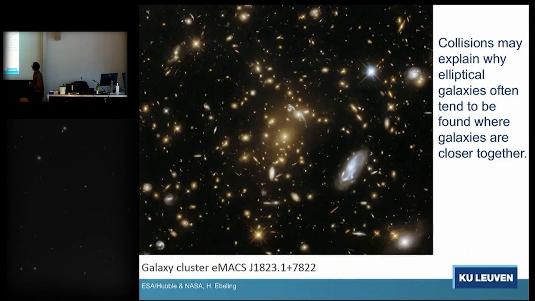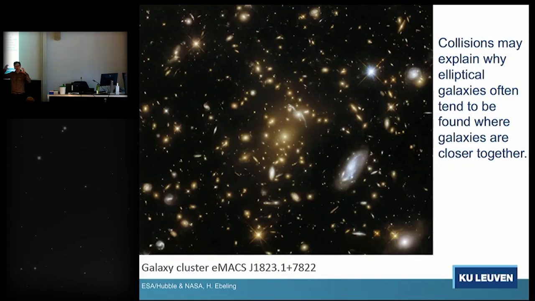And such collisions may then also explain why elliptical galaxies often tend to be found where galaxies are closer together, such as in big clusters of galaxies. Once the dust has settled, so to speak, once you have collided, perhaps if you're gas-rich creating a large starburst galaxy, then after enough time, if you have similar masses, as we will learn, you might actually transform your shape.